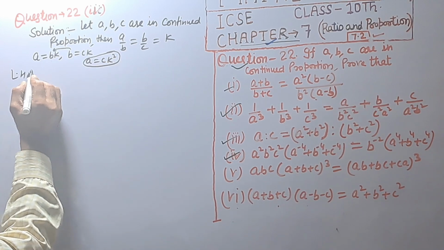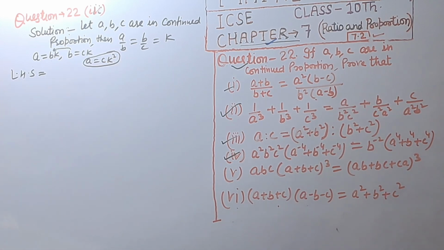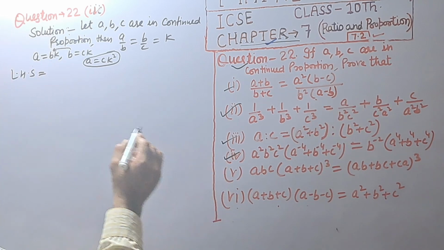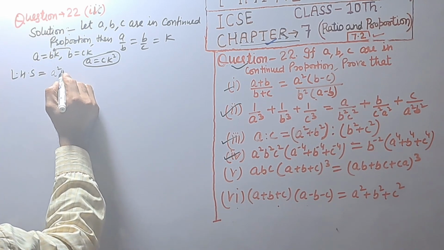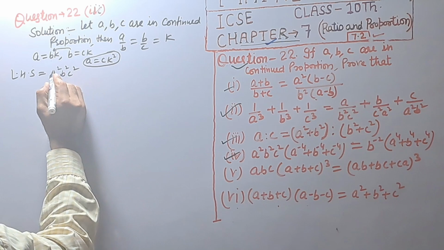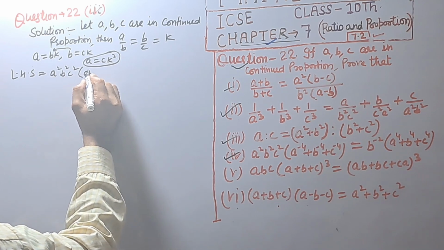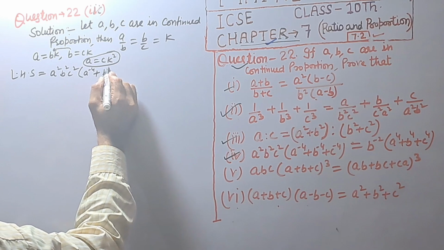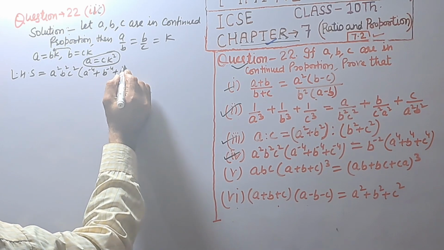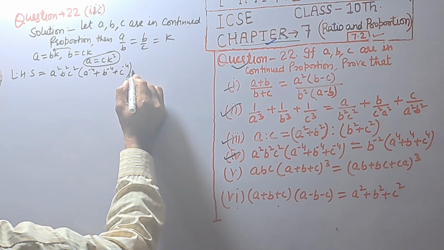Left hand side is equal to a square b square c square, bracket a raised to power minus 4 plus b raised to power minus 4 plus c raised to power minus 4.